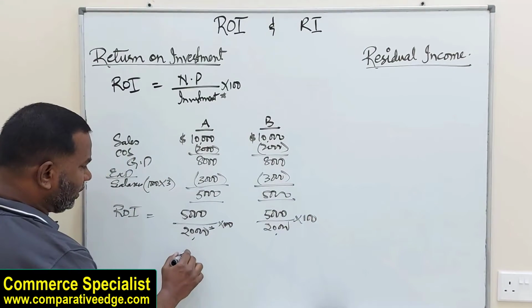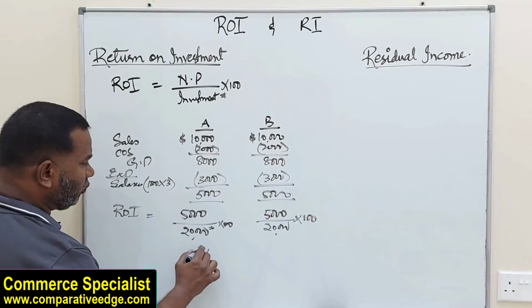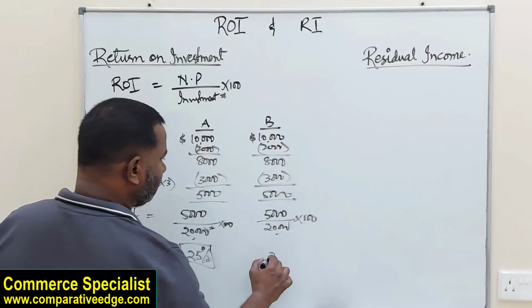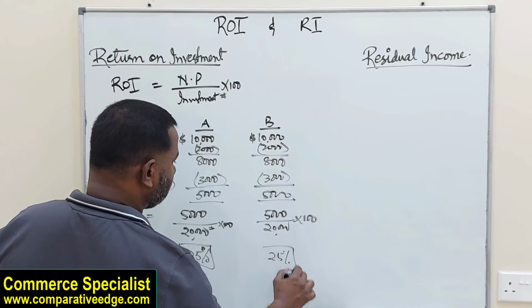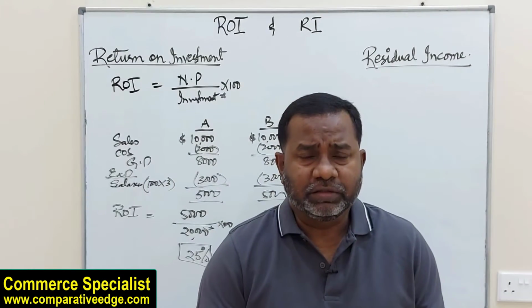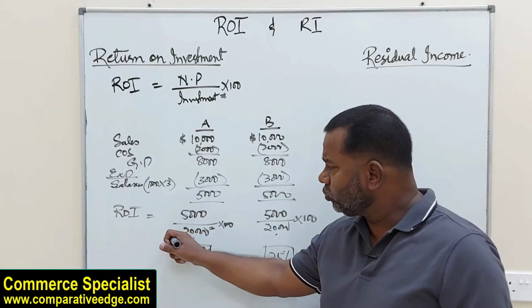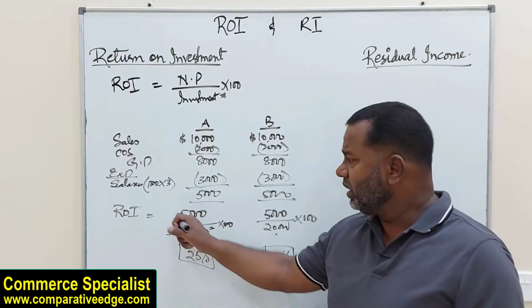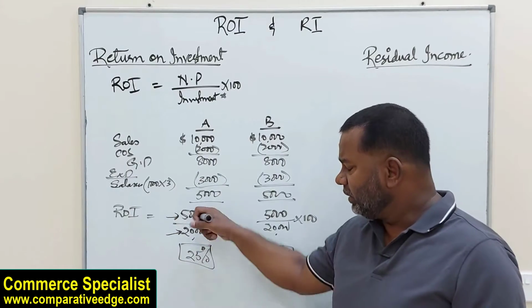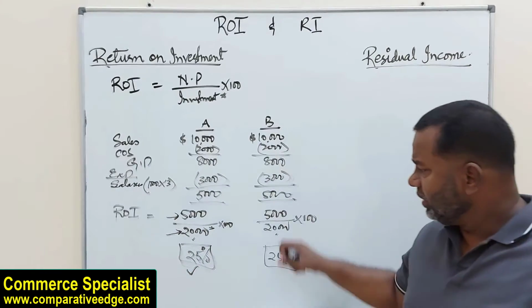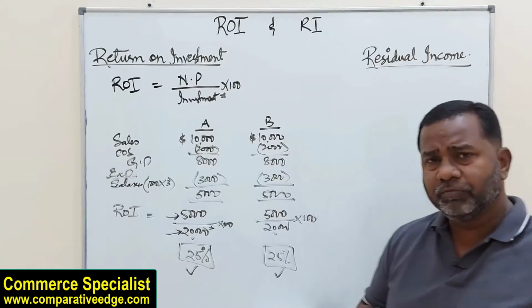So both the departments have an ROI of 25%. So what does it tell us? It tells us that in department A, you invested $20,000 and it gave you a return of 5,000. In terms of percentage, 25. Same in department B as well.